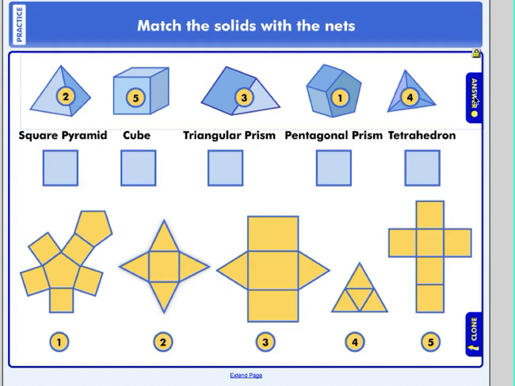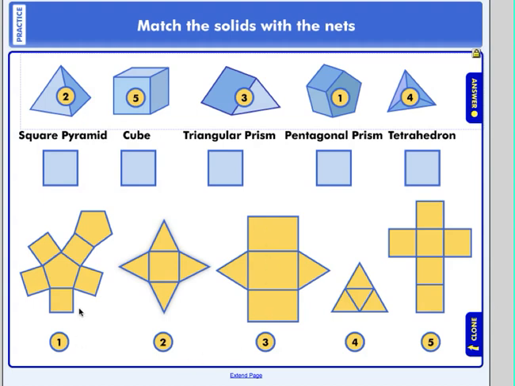Okay, is that how you matched them up? This is the net for the square pyramid. The cube has a net right here. Notice every face is a square. The triangular prism is number 3 here. It has 2 triangular bases and then 3 rectangular faces.